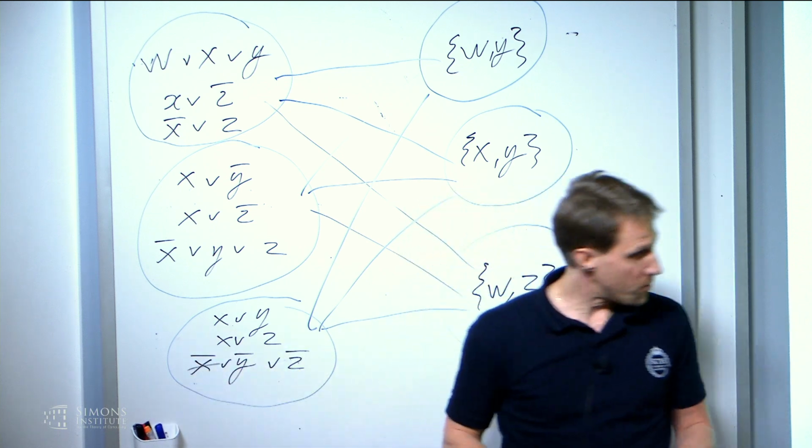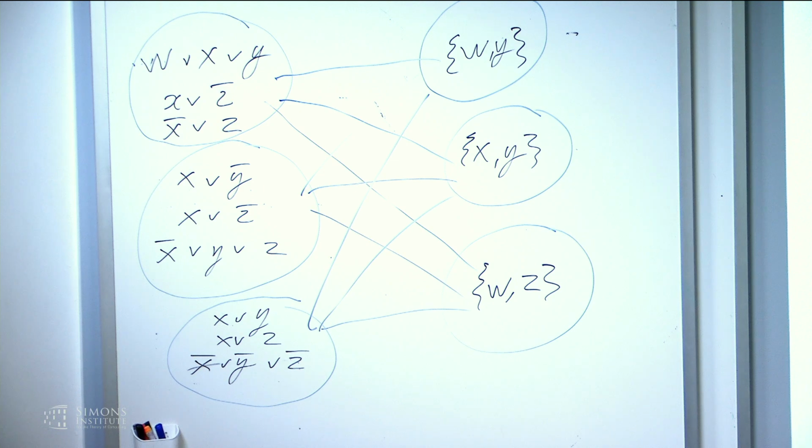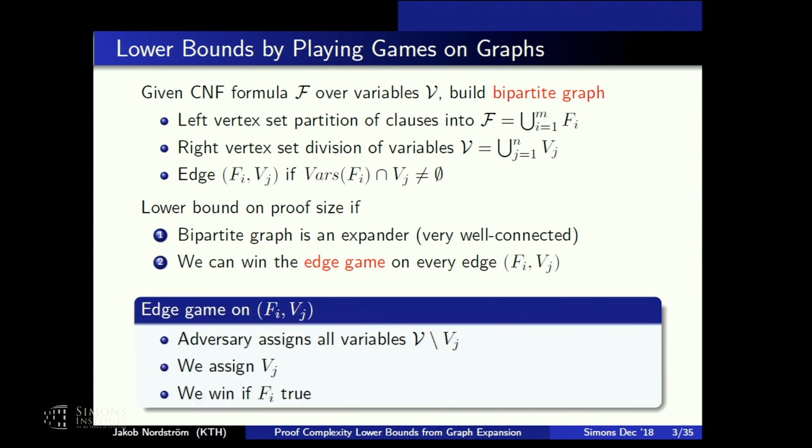Now we want to prove a lower bound if two things hold. We want to argue that the graph has to be a very good expander, so that's looking promising so far, and if we also can win a certain combinatorial game on every edge of this graph. So the game is going to be as follows. We need to be able to win the game.